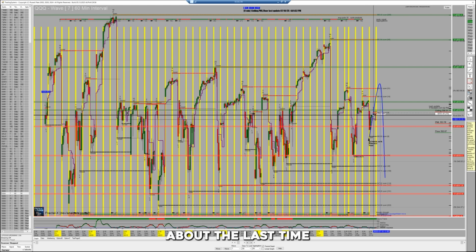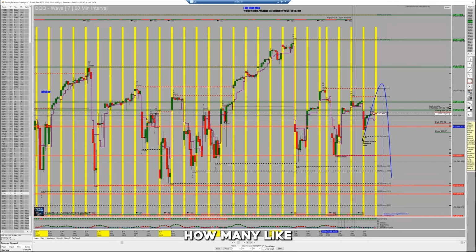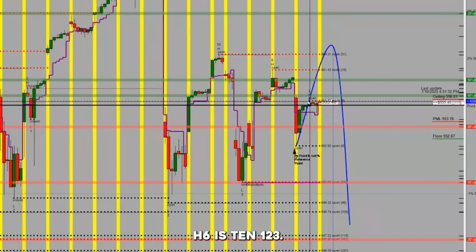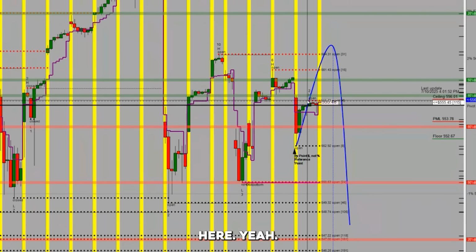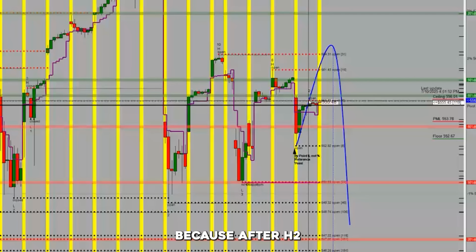We talked about that last time. How many more highs have you seen above the pivot after H2? Not many. After H2 there was no other high.